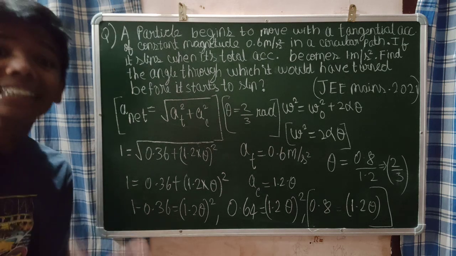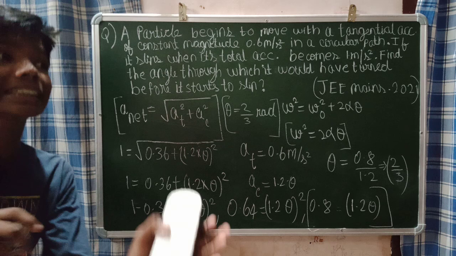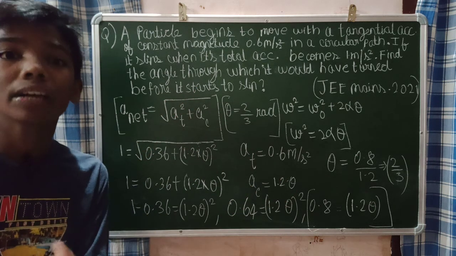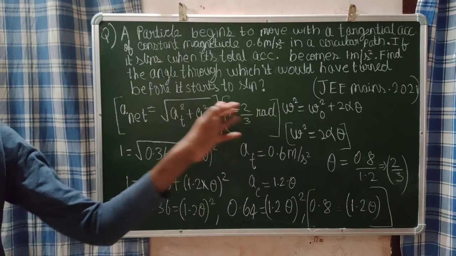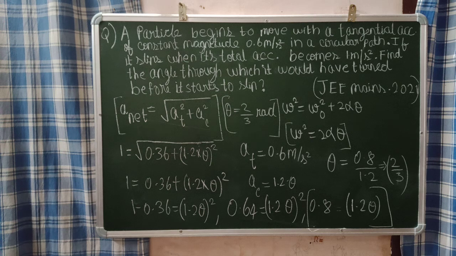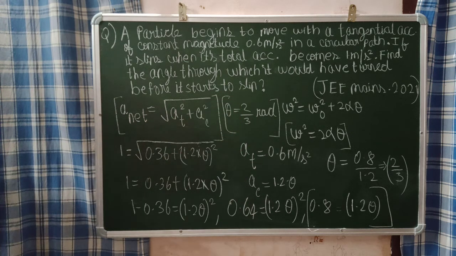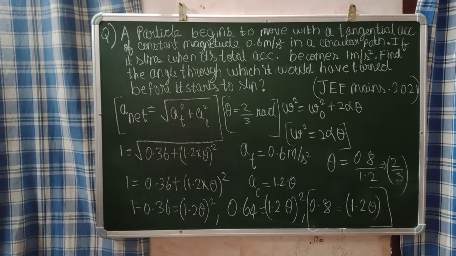Only for tangential acceleration it is meter per second square, because tangential acceleration is the acceleration along the tangent, and the tangent is rectilinear. But in circular variables, you have radians. In terms of radians only, the units will be there. So theta is equal to 2 by 3 radians. What is 2 by 3? I think 0.66. You don't need to represent it. Just 2 by 3 radians is the answer for the question.